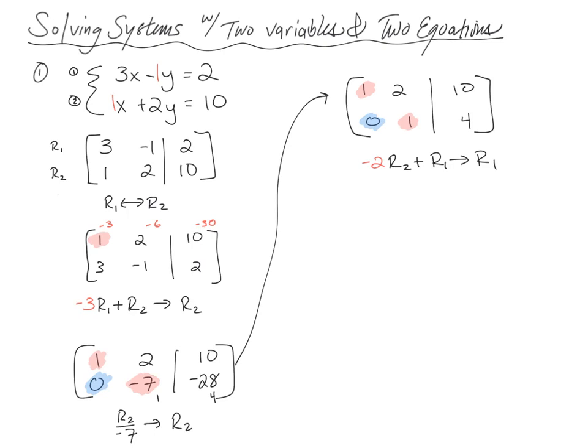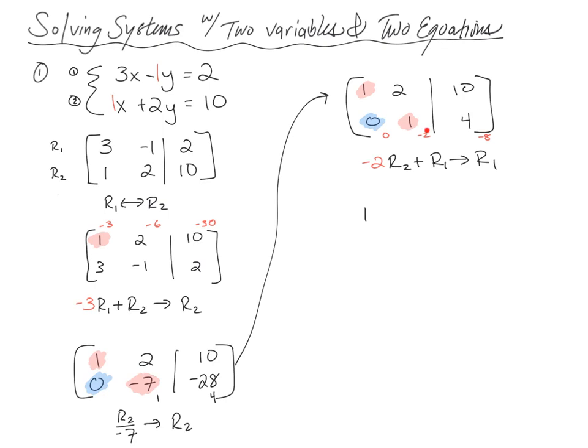So when you multiply the second row by negative 2, you get 0, negative 2, negative 8. And then we can add it to row 1. So here we go. 0 plus 1 is 1.